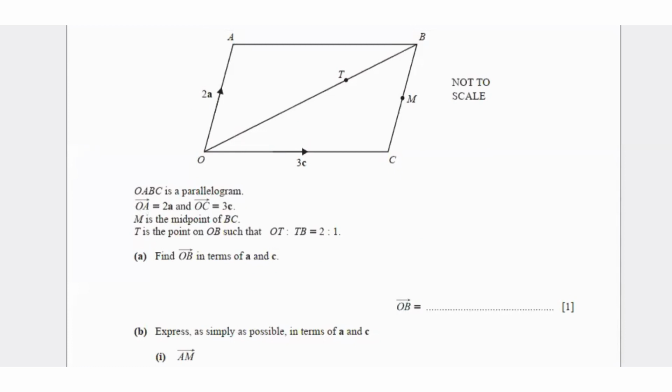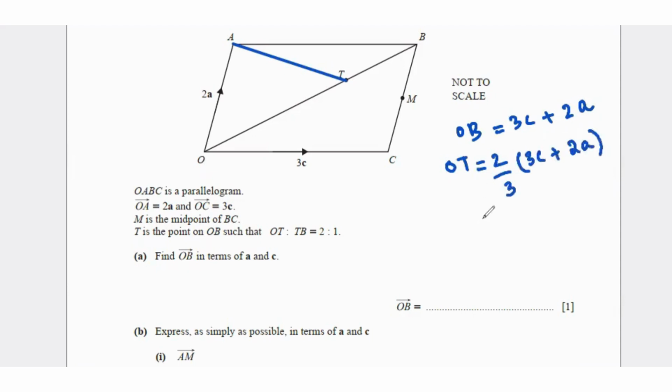So for AT, let's draw a line again. We know that OB was 3C plus 2A. So OT would be 2 over 3 times (3C plus 2A), and TB would be 1 over 3 times (3C plus 2A).